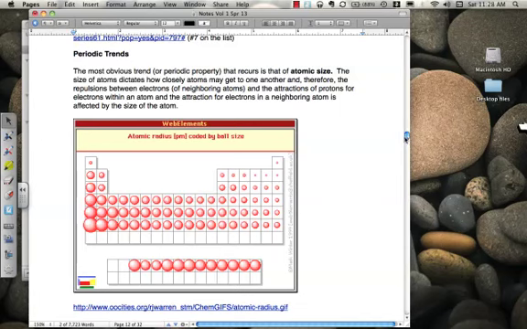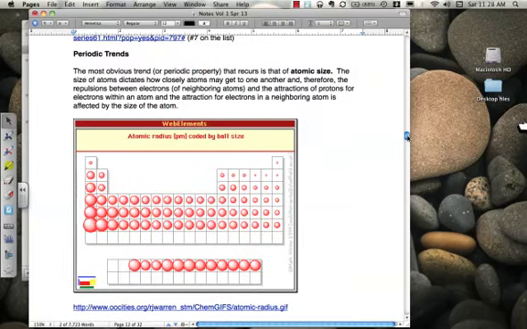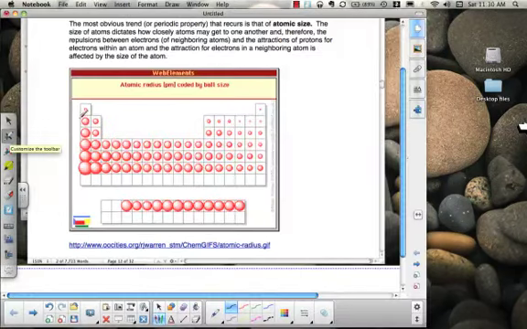If you look at this little table here, it shows you with a picture. I am a visual learner, and it shows how atomic size changes as you go down groups and across groups. So we need to talk about trends.